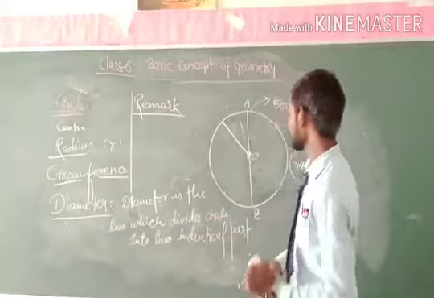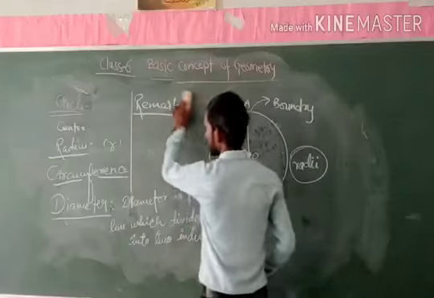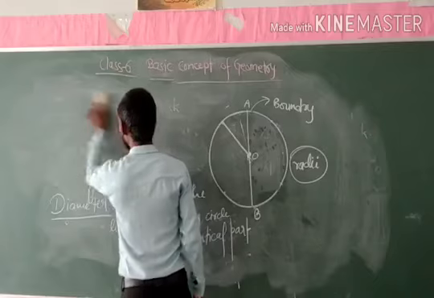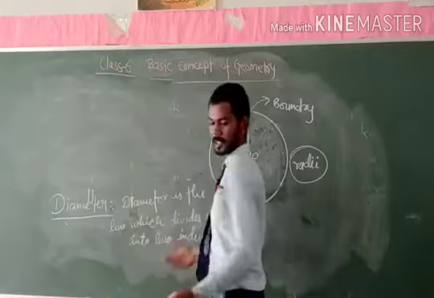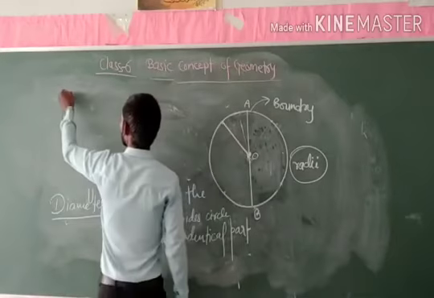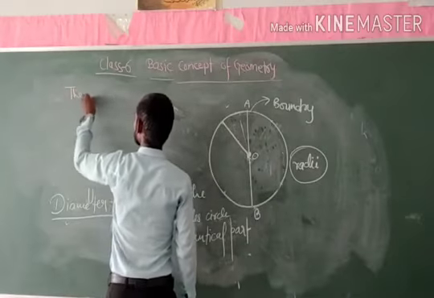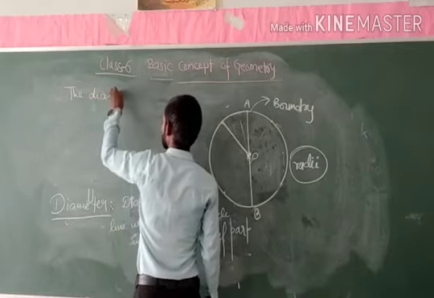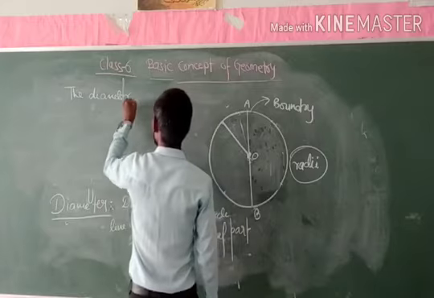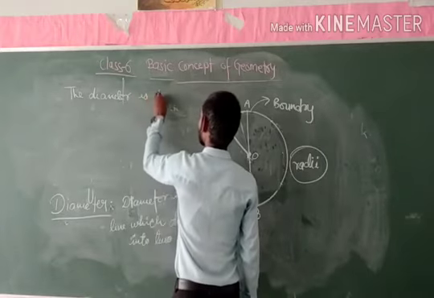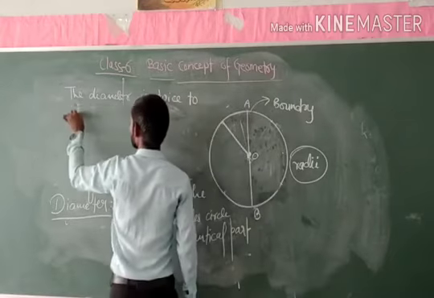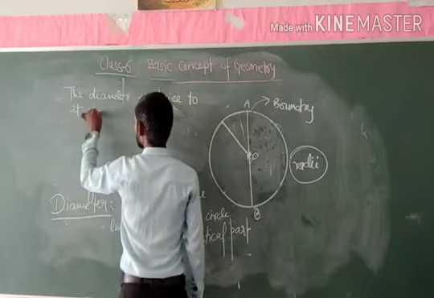So let us see the next definition. The definition of the diameter is that the diameter is twice its radius.